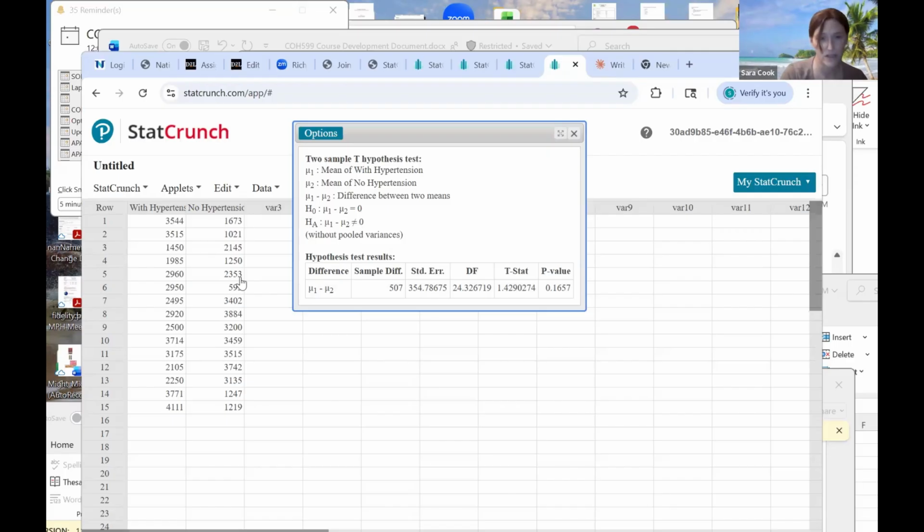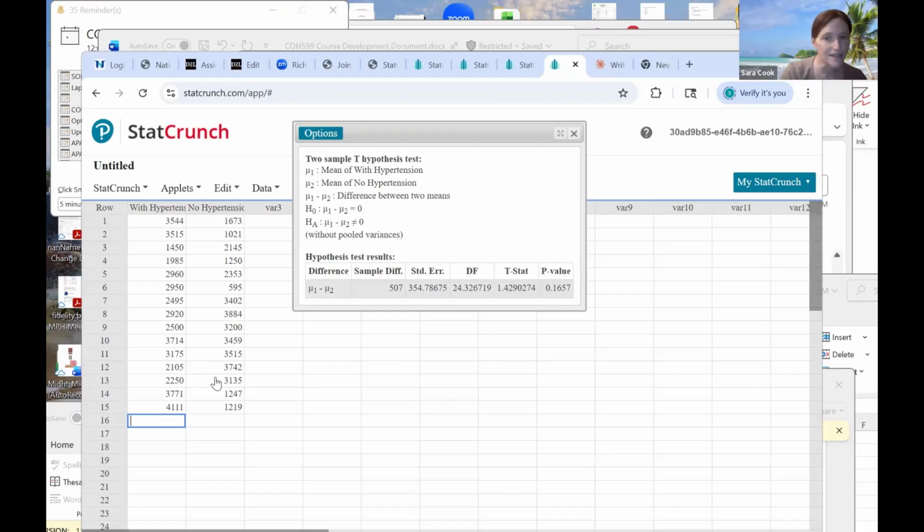The lowest, this is very light, 595 grams. I'm just eyeballing it here. The highest one looks like 4,111. Okay, and so there's a lot of variability in birth weights. And so a value of 507 might sound like a lot, and it could actually be clinically meaningful.